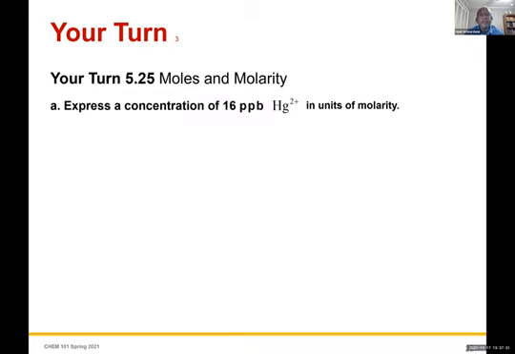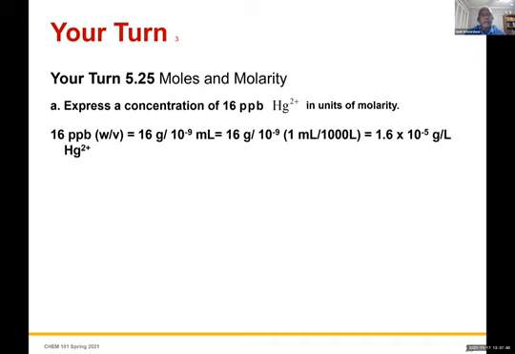So first, expression of 16 parts per billion mercury in units. So 16 parts per billion is weight by volume, okay? So normally we have weight by volume. So that means 16 grams in a volume, where billion is 10 to the negative 9 milliliters. That's the mercury in 16.